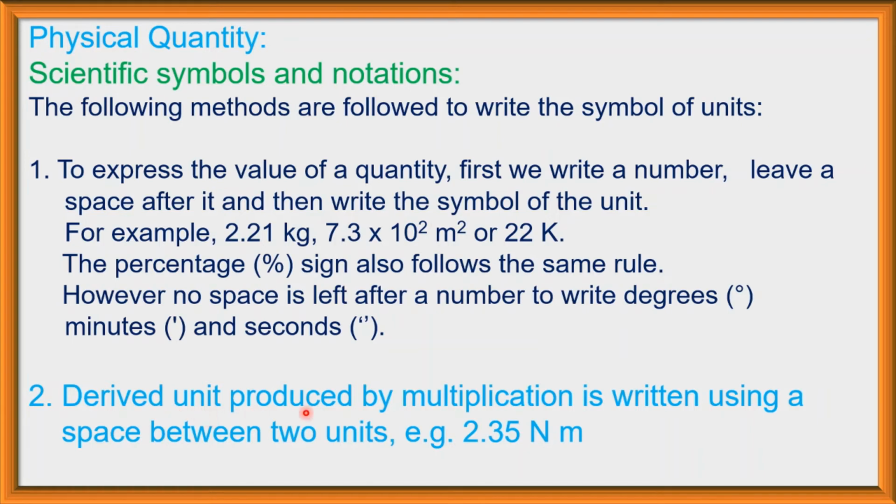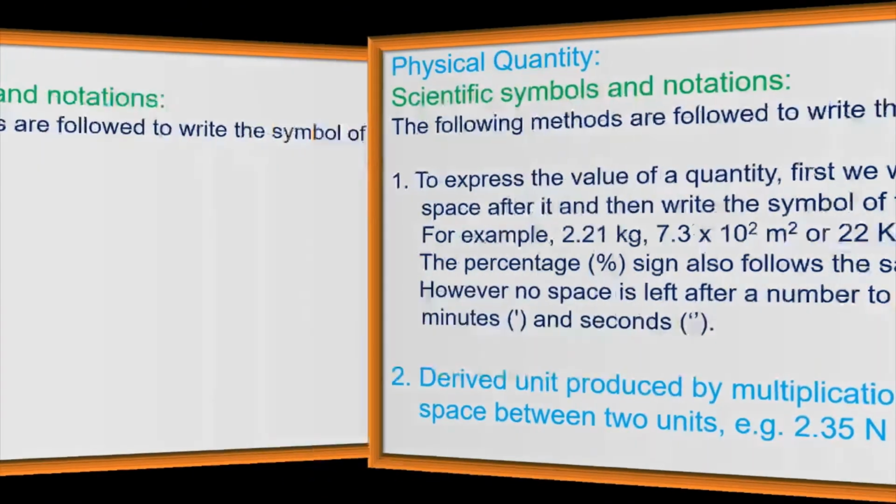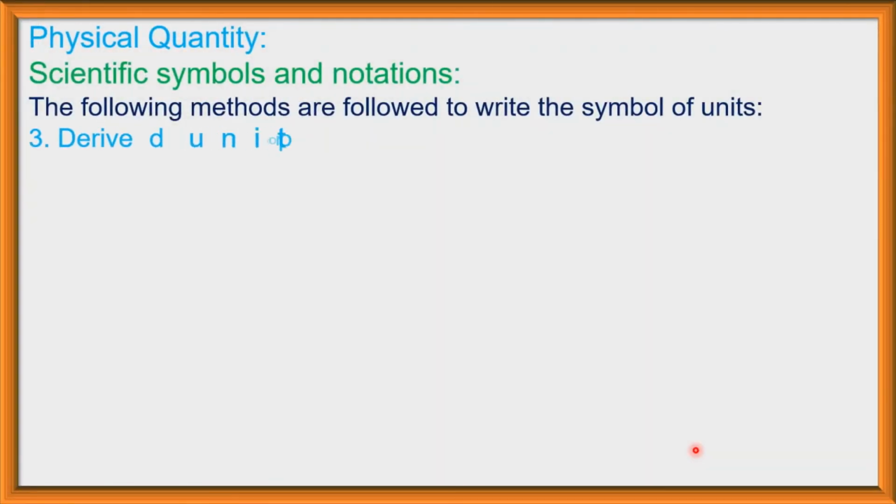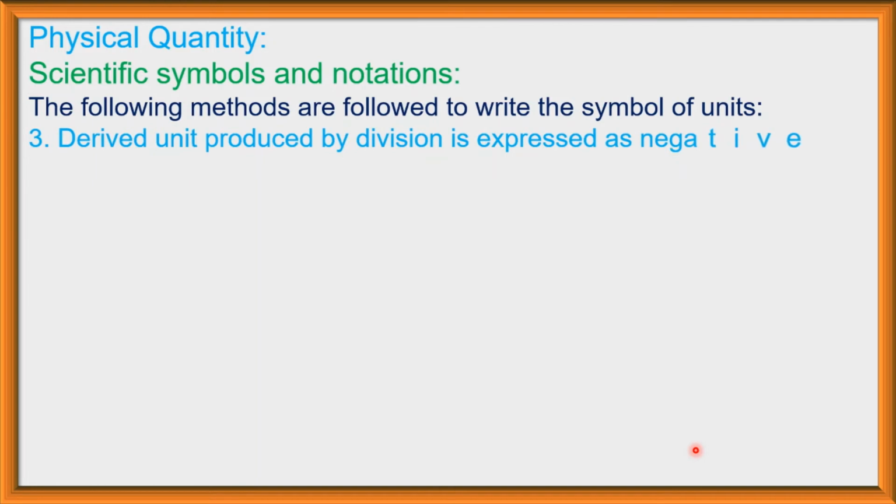So a derived unit produced by multiplication is written using a space between two units. Here two units, Newton and meter, and between Newton and meter there is a space. So 2.35 space N space m. A derived unit produced by division is expressed as a negative power or division sign or slash.